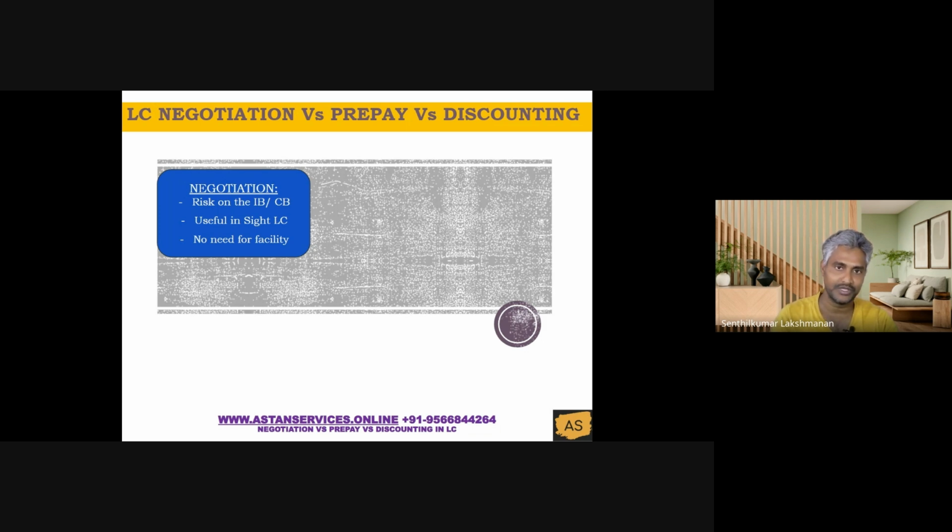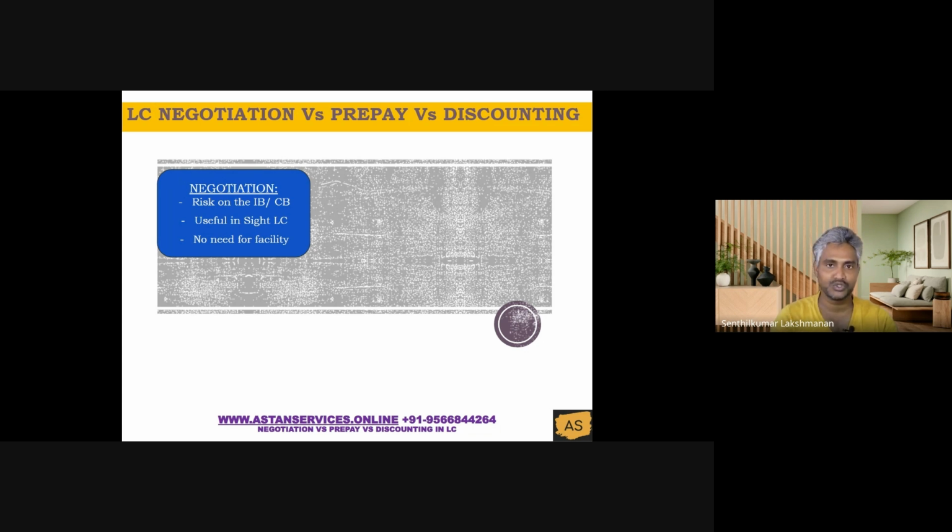Basically you negotiate the draft or documents before the reimbursement is due to the nominated bank. You pay upfront out of your own pocket, and get reimbursement at the maturity date. For that time period which you are financing, you will get a negotiation fee.